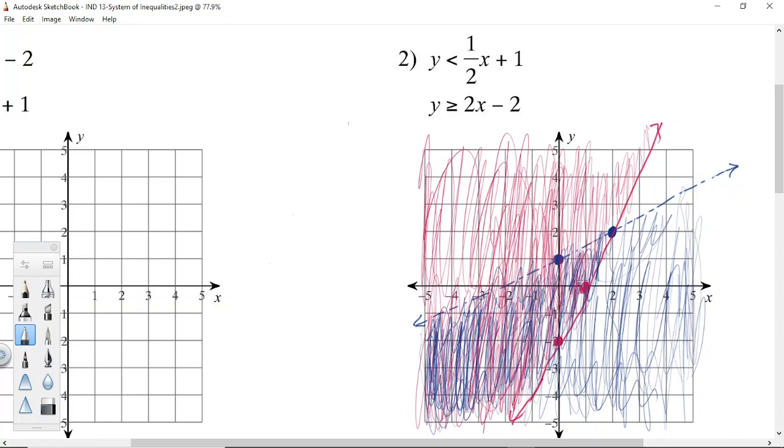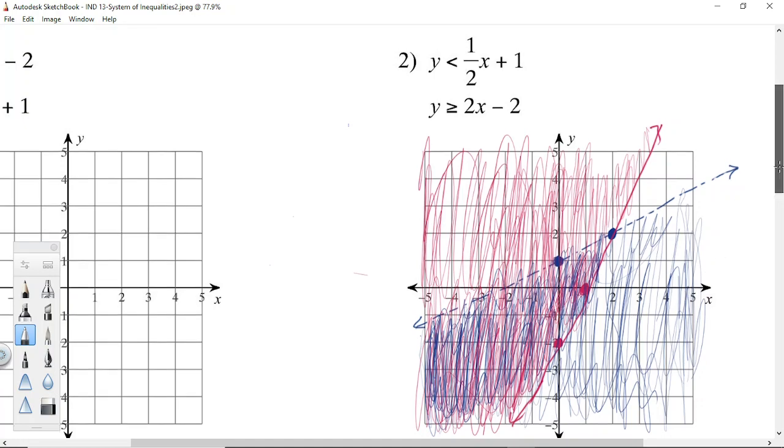So I'm doing it with both of the colors. We'll try to make the next one look better. Okay, so that is the graph of that one. Not the most artistic, a little bit ugly, but it will work.